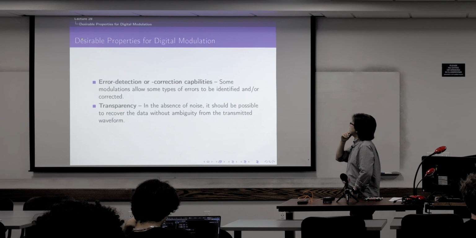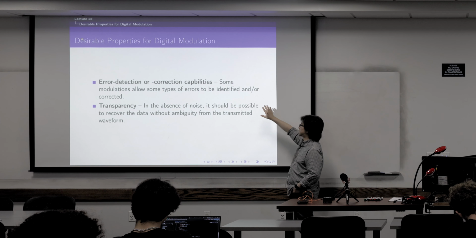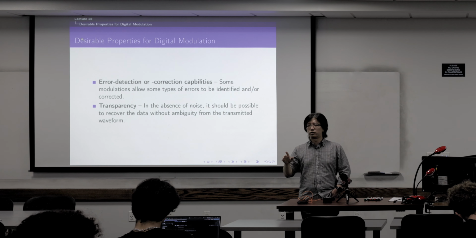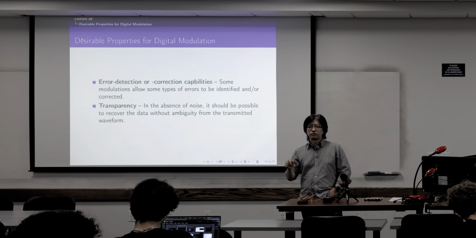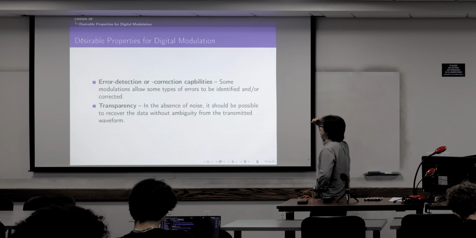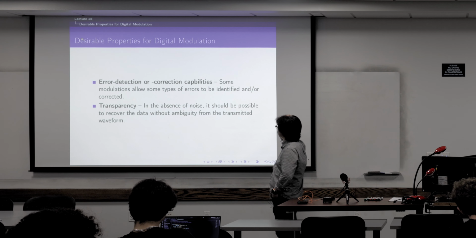How to design this error detection and error correction approach is called coding, or channel coding. There are many ways to design that, and it's extremely important in current communication technology and standards.